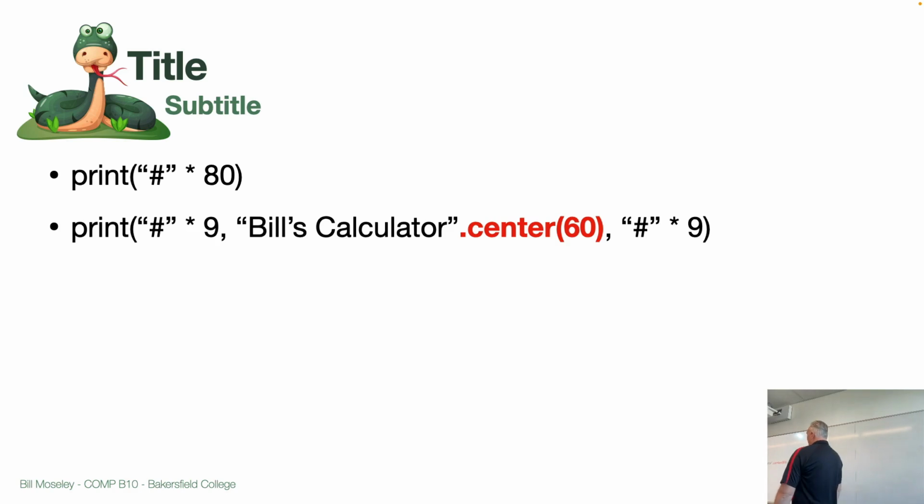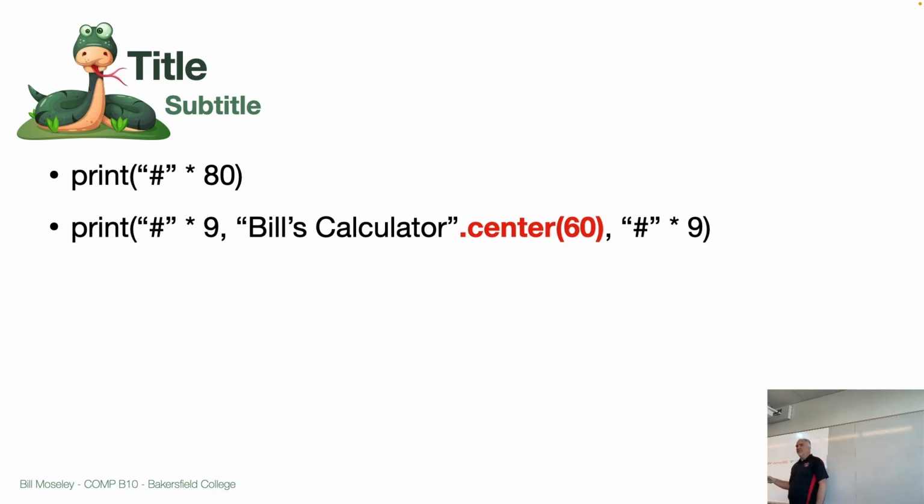I can get a little bit more advanced, and there are center, left justify, and right justify functions. These are string functions. So I can pass it number sign times 9, then this phrase, Bill's calculator, as a string, and I use this function, center, with an argument of 60.